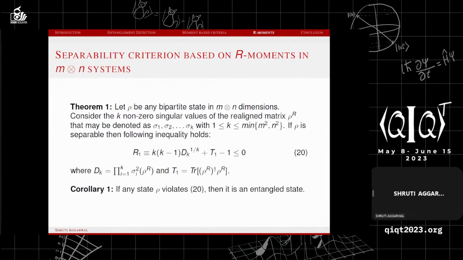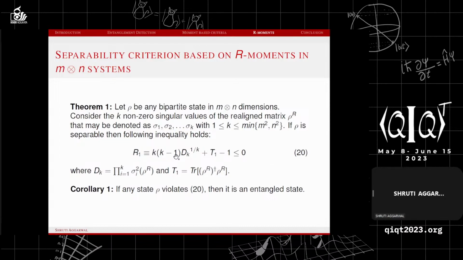Now the separability criteria based on R moments is given like this. If rho is an m cross n bipartite state, and rho R has k non-zero singular values, that means the rank of rho R is k, denoted by sigma 1, sigma 2, up to sigma k, then if the state is separable, the inequality given in equation 20 holds.